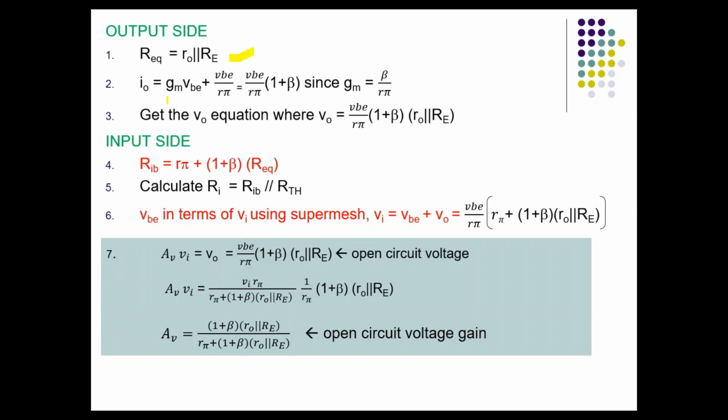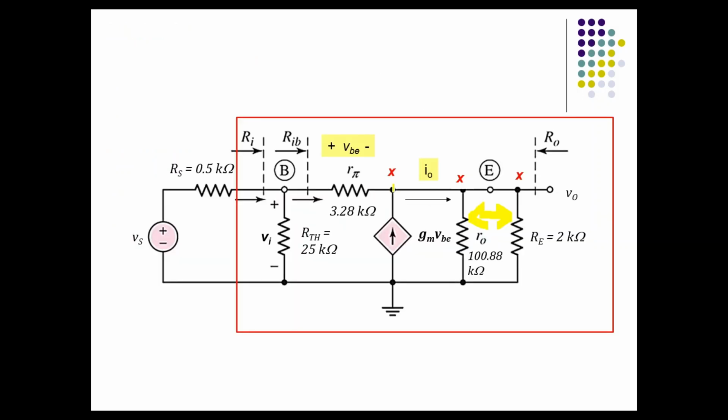KCL at node X is GM VBE plus VBE over R pi. If you look at the circuit over here, I0 is equivalent to GM VBE, the current going in, and this current over here. But this current must be calculated using Ohm's law. You know the voltage and the resistor, so you can find the current using Ohm's law, VBE over R pi.